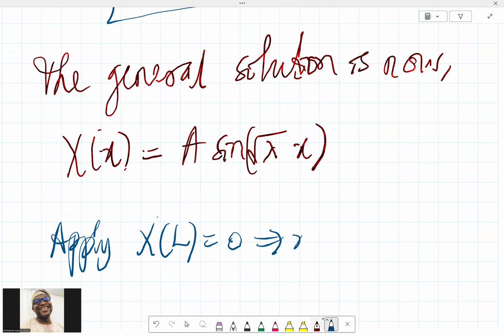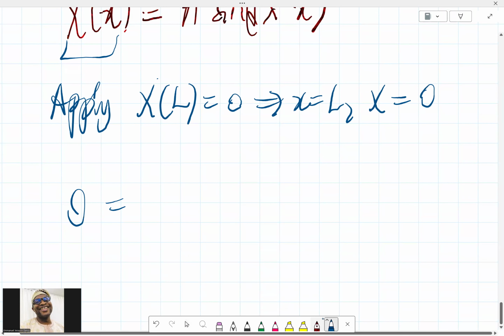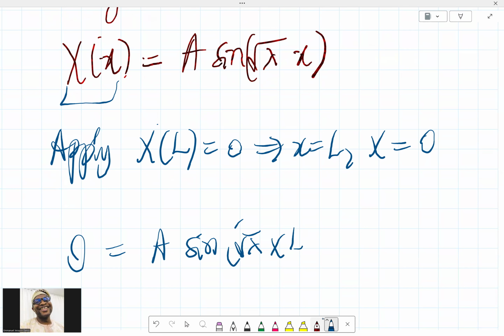What this simply means is that when small x is equal to L, then big X is equal to 0. So again, that means this is 0. So 0 equals a sine root lambda times L, okay?